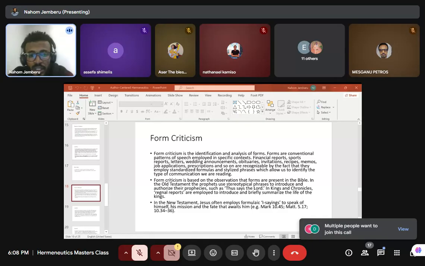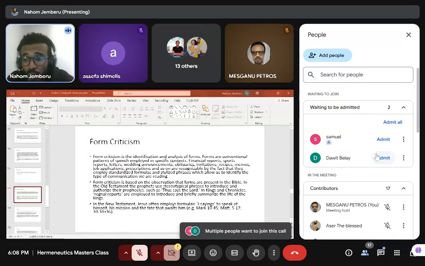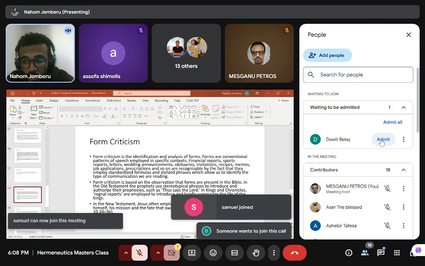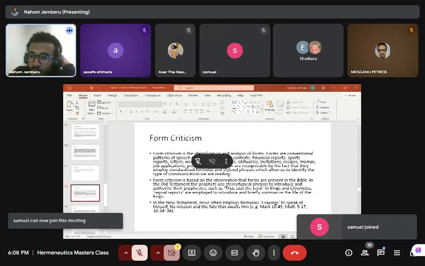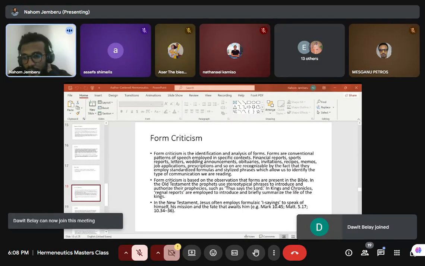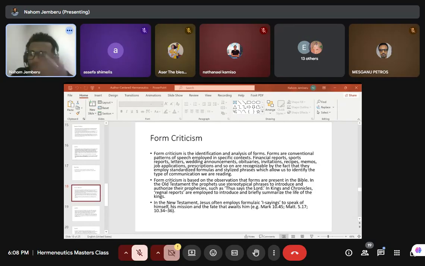For example, form criticism tries to identify these kinds of ancient forms in the Bible. For example, there are the formulaic I sayings in the Gospel of John. There are, for example, prophetic forms in the Old Testament.